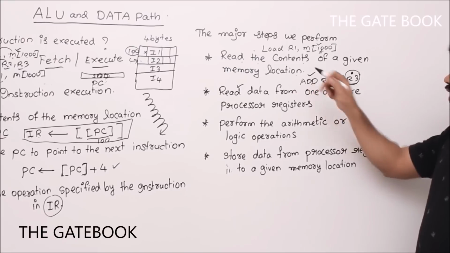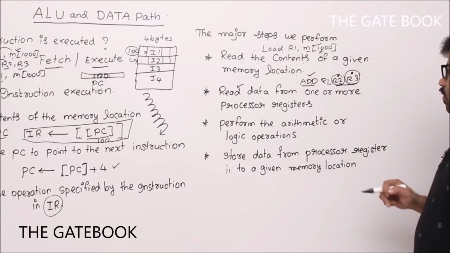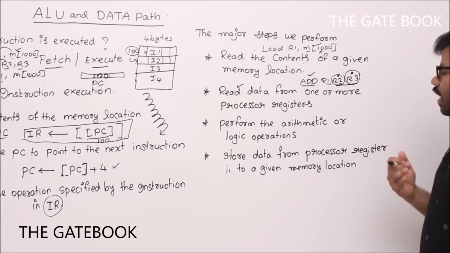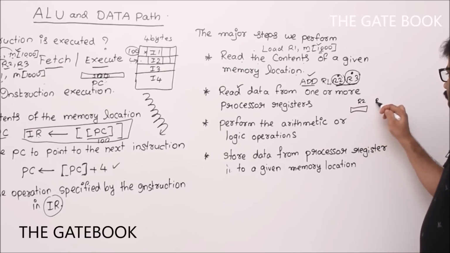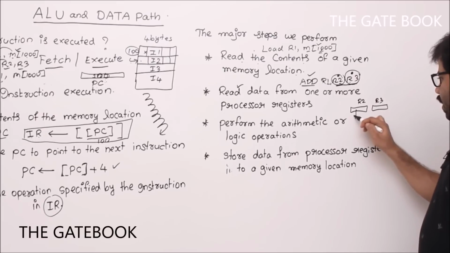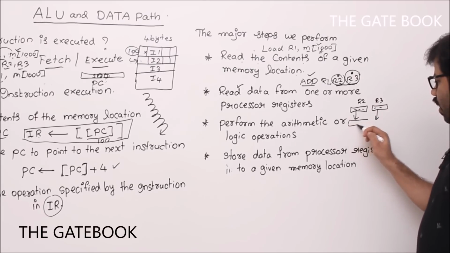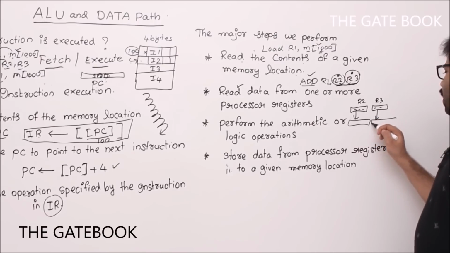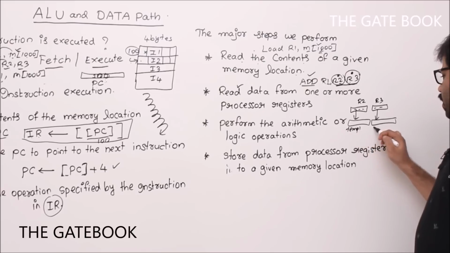In this one you can see, after reading, for example, add R1, R2, R3. Whenever you have this kind of instruction, what might happen is your register R2, register R3, that data will first of all be read somewhere. So we read this value. R2, please give your value to me. R3, I am taking your value into some temporary register, temp1, temp2, let's say.